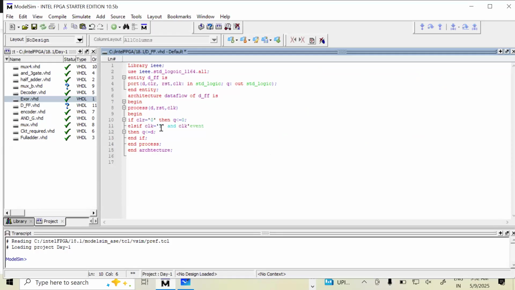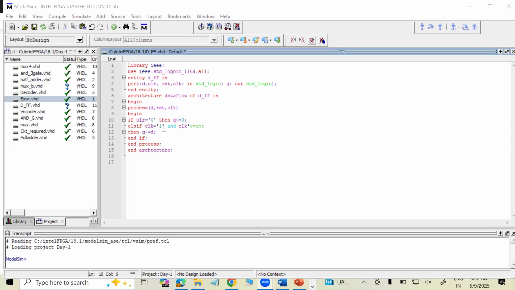If clock equal to 1 and there is a clock event, it means when the clock is at the upper edge and there is a change in the clock position, from 1 to 0, it is going.